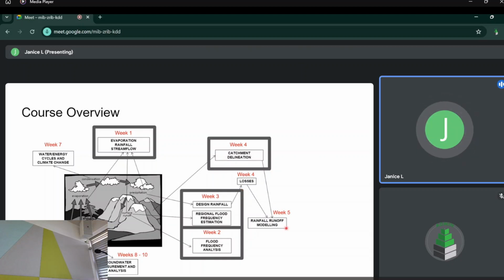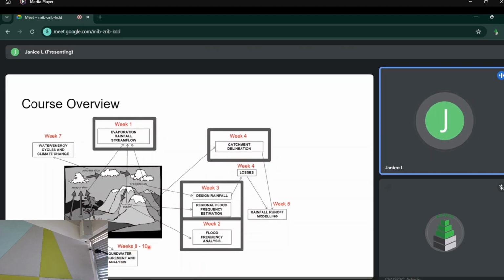Losses and rainfall runoff modeling is a bit more complex and there's a lot more notes on that, so unfortunately, I will not be touching on that for this session. I believe Akshara will be covering with you guys week 7, weeks 8 to 10. She can correct me in person if that is not true, but let's get started.